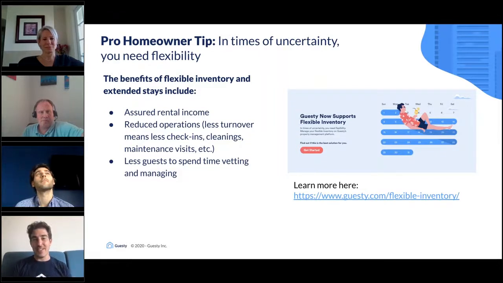Part of what we give as property managers to the owners is the idea of predictability, certainty and flexibility. So what we've done at Guesty is specifically, we stopped a lot of our initiatives around the product and built our flexible inventory. And the idea is really to create in our property management platform, in our software, the ability to shift between short-term, mid-term, and long-term very easily.